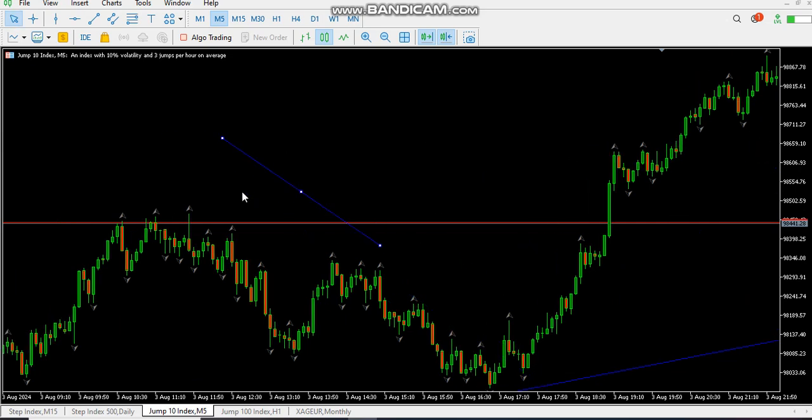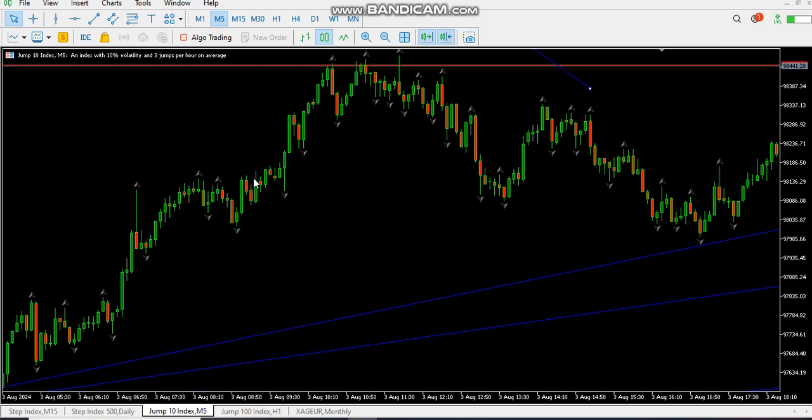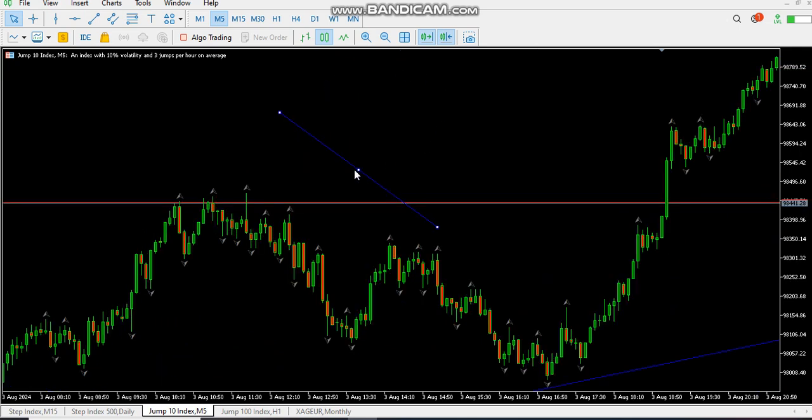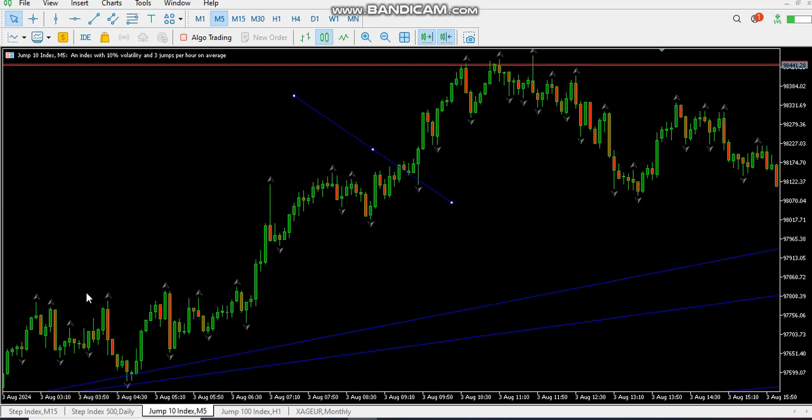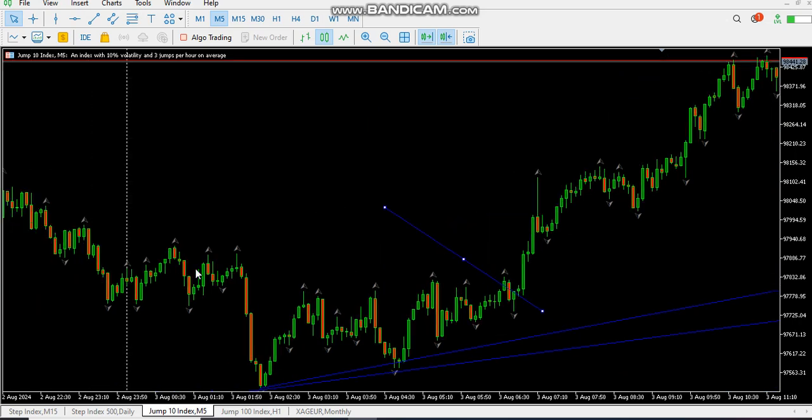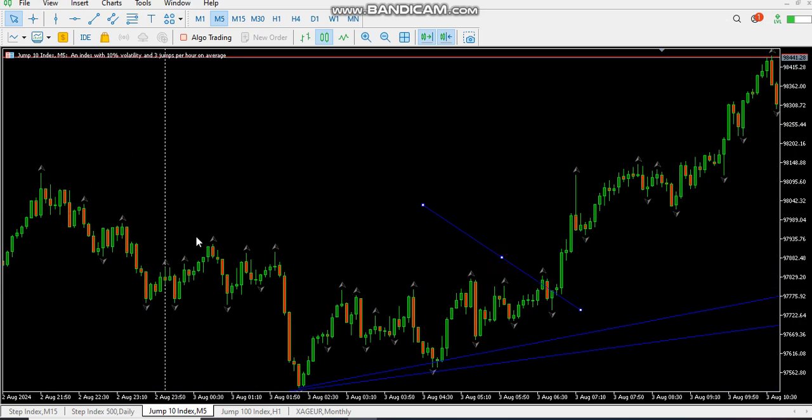Another place that you could have identified this counter trend line is here again. So this is where you draw your counter trend line again, and if you draw this on the higher time frame, that is the best place for you in order to make money.